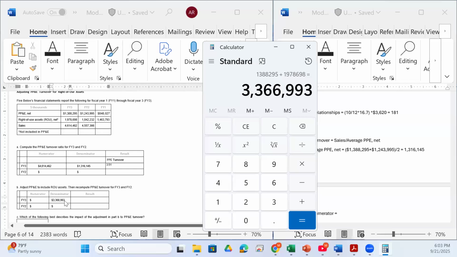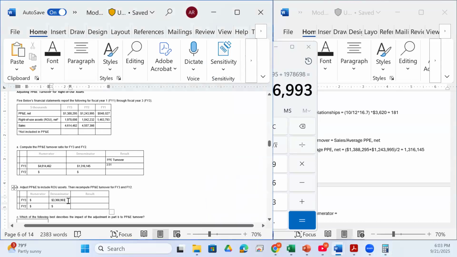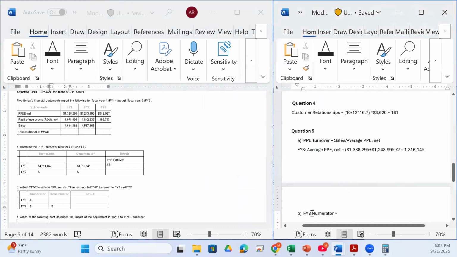So I made a mistake here, right? This is just the property, plant, and equipment for fiscal year 3, not the numerator. So this is PPE net including ROU, this amount.